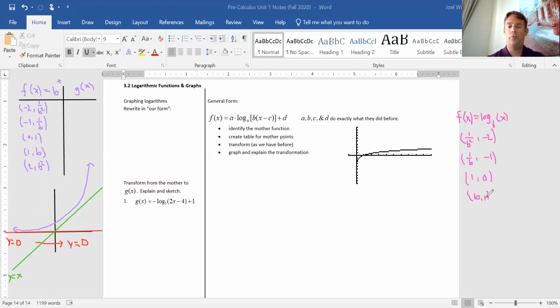So let me write up our last little point here, b squared. So these would have been the f of x points for the log.